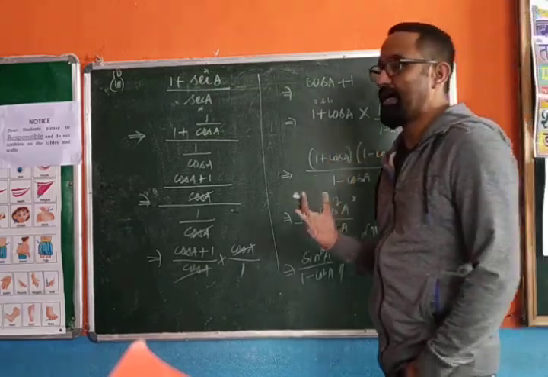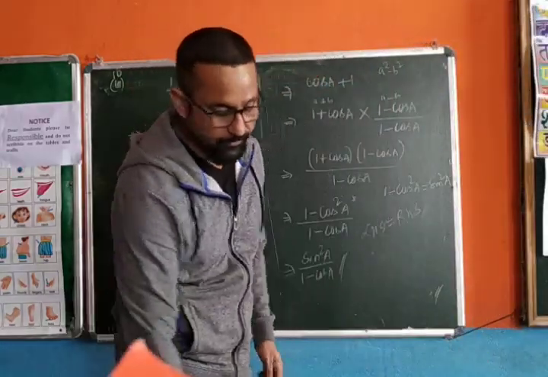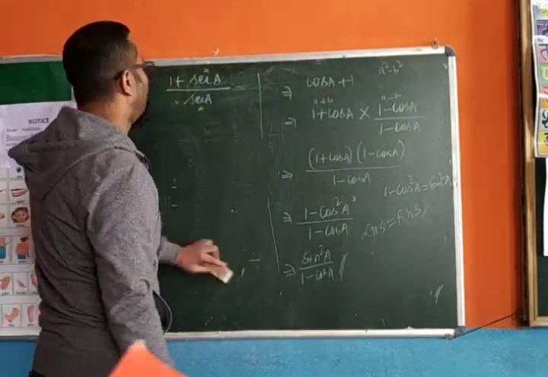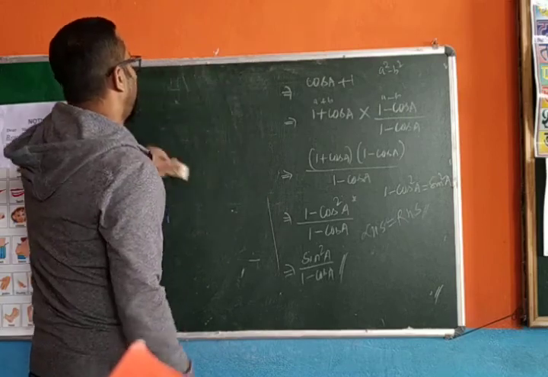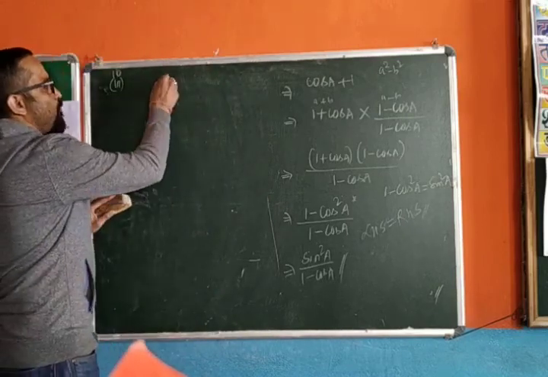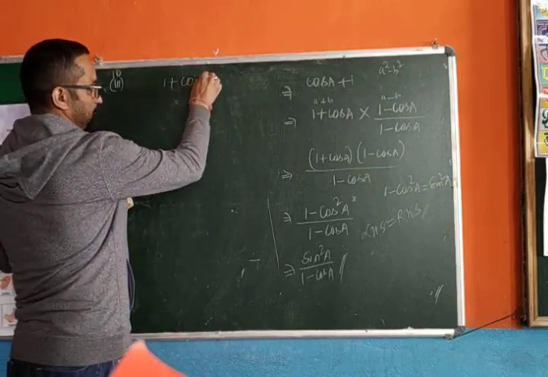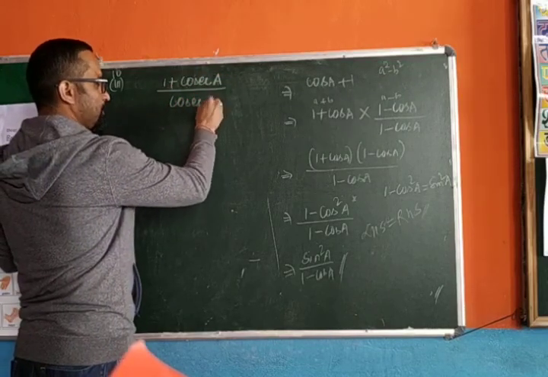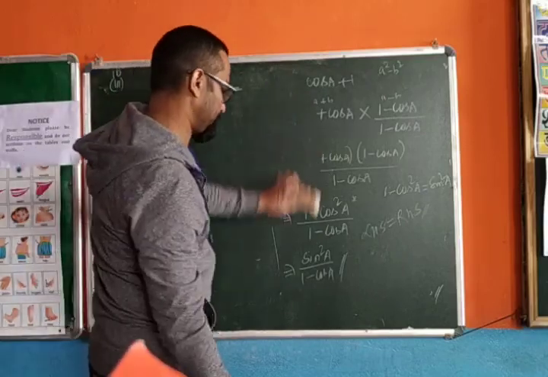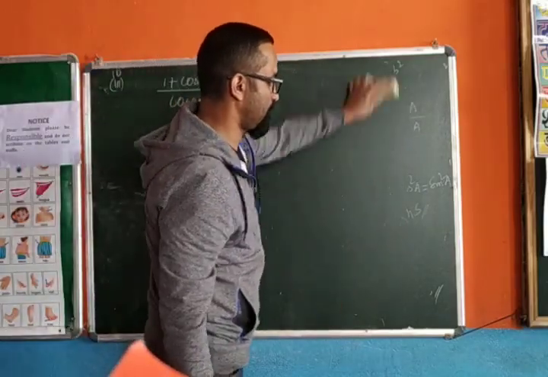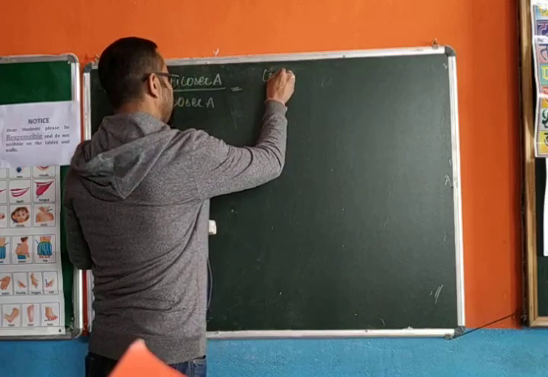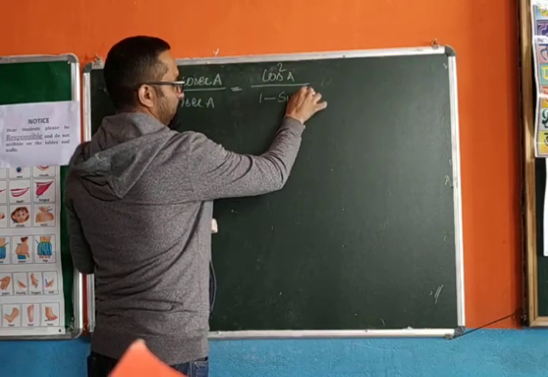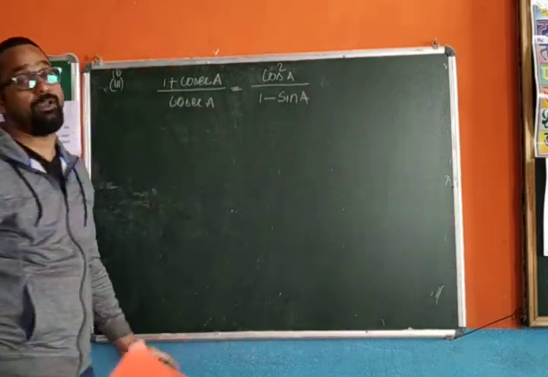Slightly confusing and it's longer. Similar question you can do as homework. 1 plus cosec A divides by cosec A equal to cos square A divides by 1 minus sine A. Try this sum in similar steps.